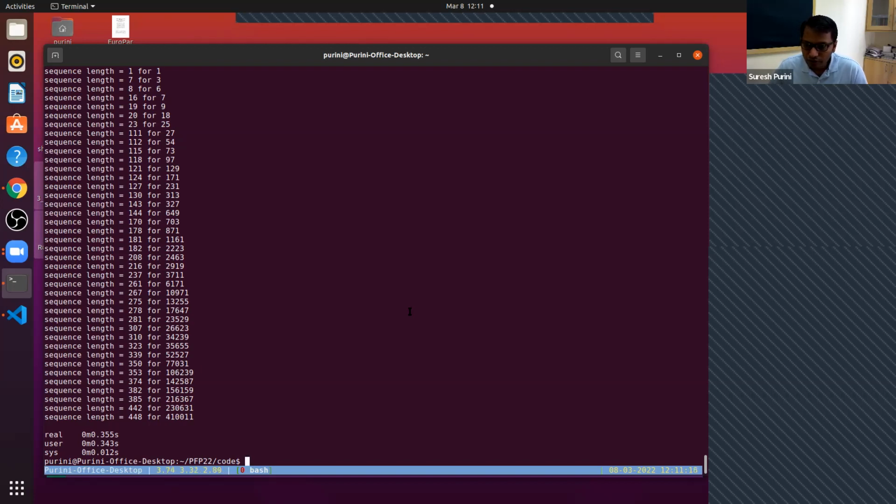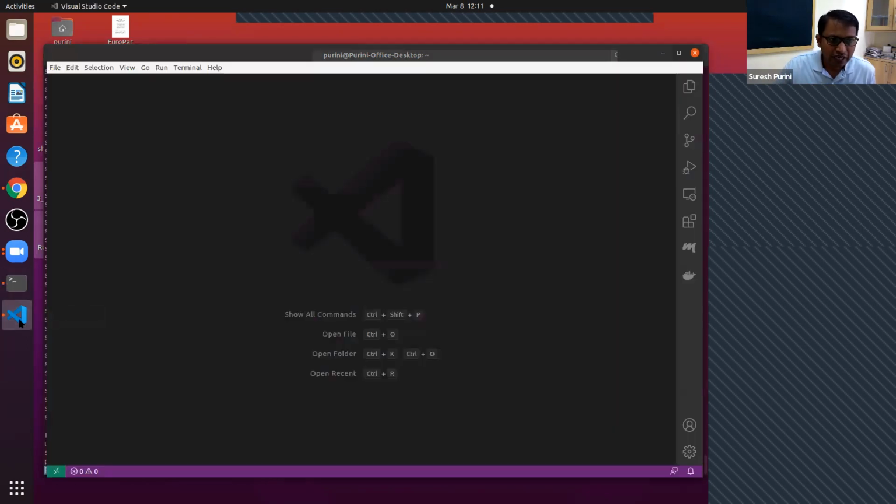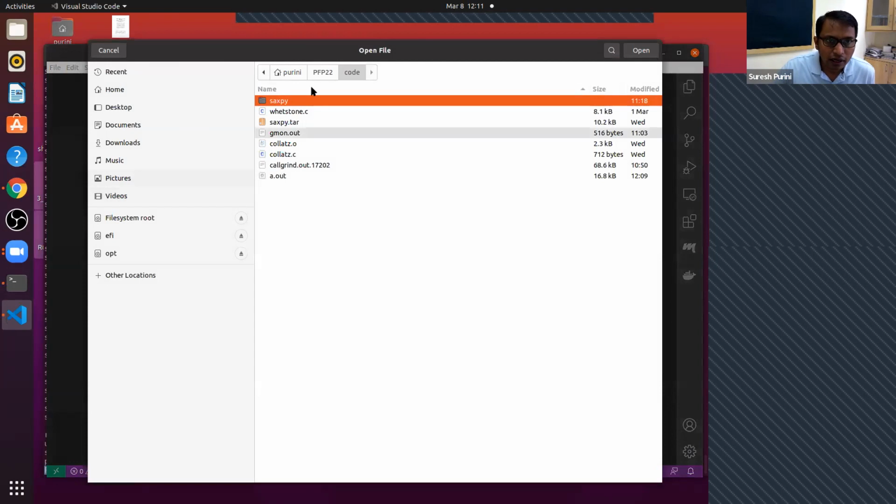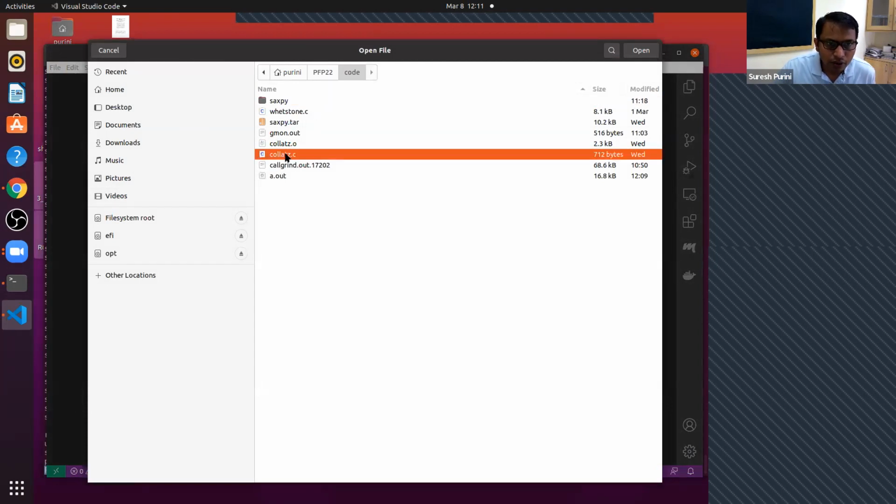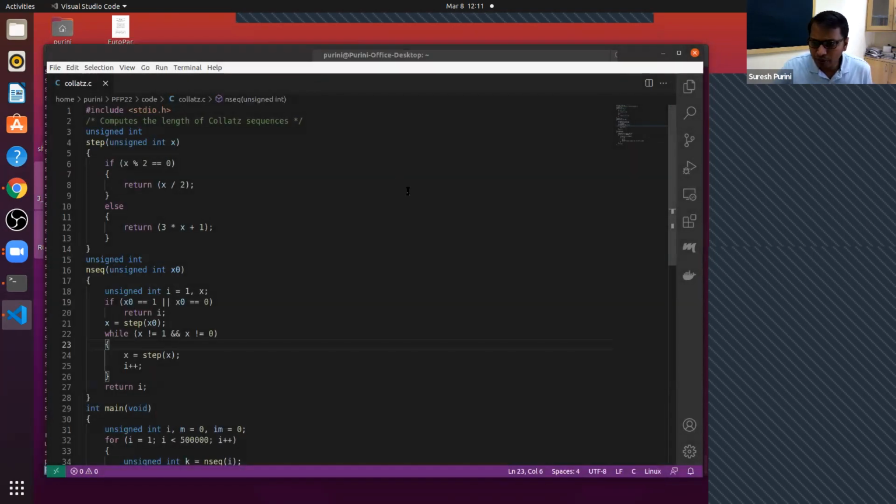So that's the challenge actually. If you just take time, you don't get a breakdown, but we need to know what sections of the code are taking more time. In order to do that, we do what is called program profiling using, for example, a tool GCC provides called gprof. So this is the code, collards.c.